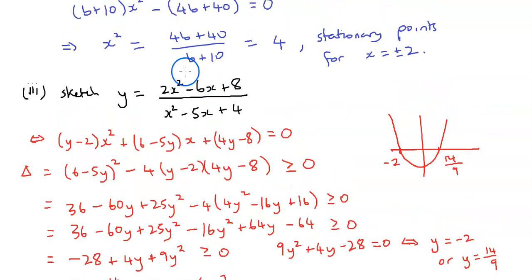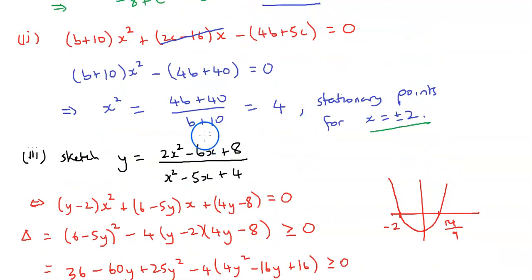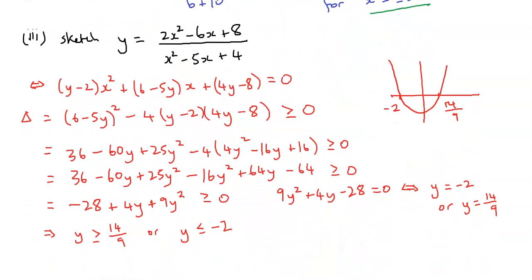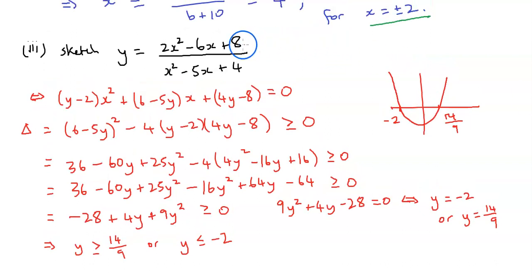And earlier on we calculated that we have stationary points for x equals plus or minus 2 as long as b didn't equal negative 10, which it doesn't in this case. And so, putting those values in, for example, if we put in x equals negative 2, we get 28 divided by 18, which is the same as 14 over 9.